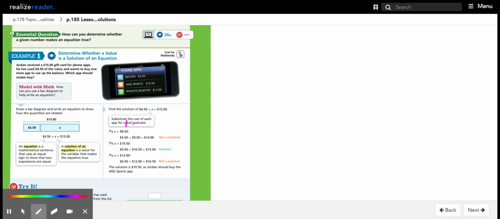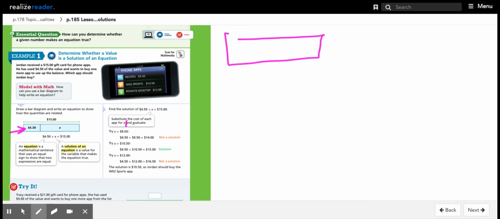One way we can do this is to look at a model here. If I have a bar diagram, what is the total amount that Jordan received? Did Jordan receive $15 or $4.50? The total is the $15. And then one part of it would be the $4.50.